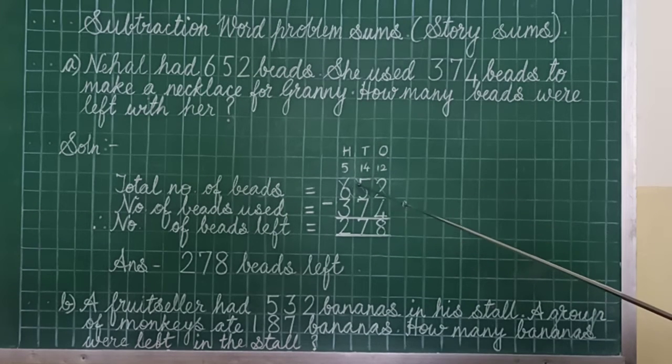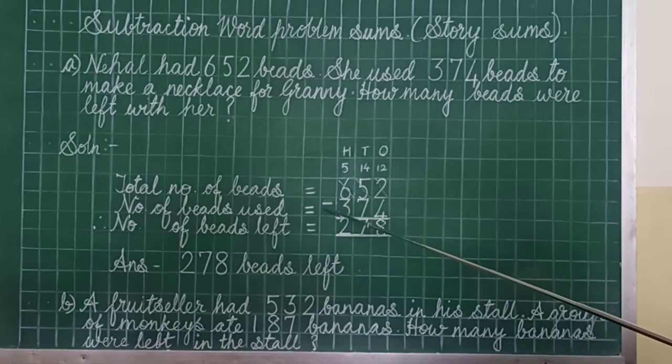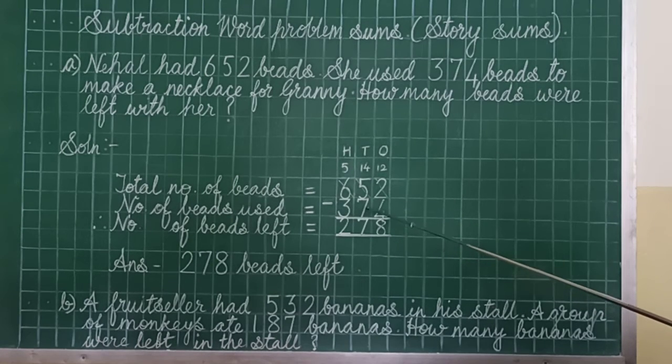Now 652 minus 374. Let's start this. Now children, you can see in the ones place we have 2 and 4. We have to subtract 4 from 2. But as you can see, 2 is smaller than 4 and 4 is bigger than 2. So we cannot subtract 4 from 2.